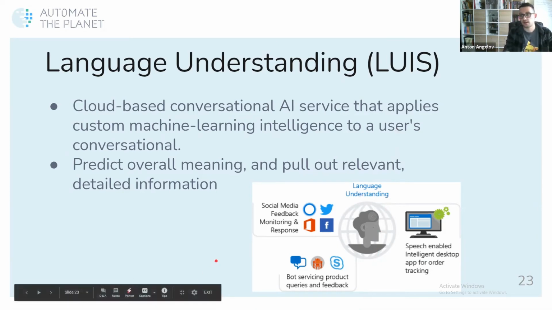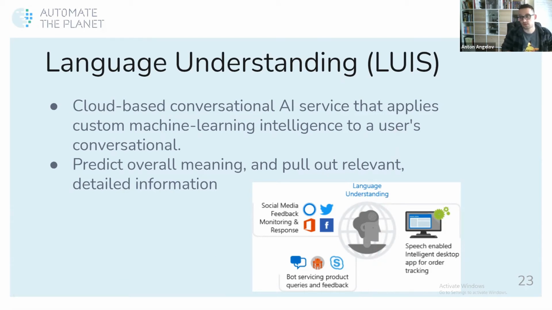The whole idea here is that, as I said in the beginning, we have like 6 or 7 different functions in the bot. And also we have this small talk feature where you can ask the bot, for example, what is his food, or whether he likes to dance, or whatever.